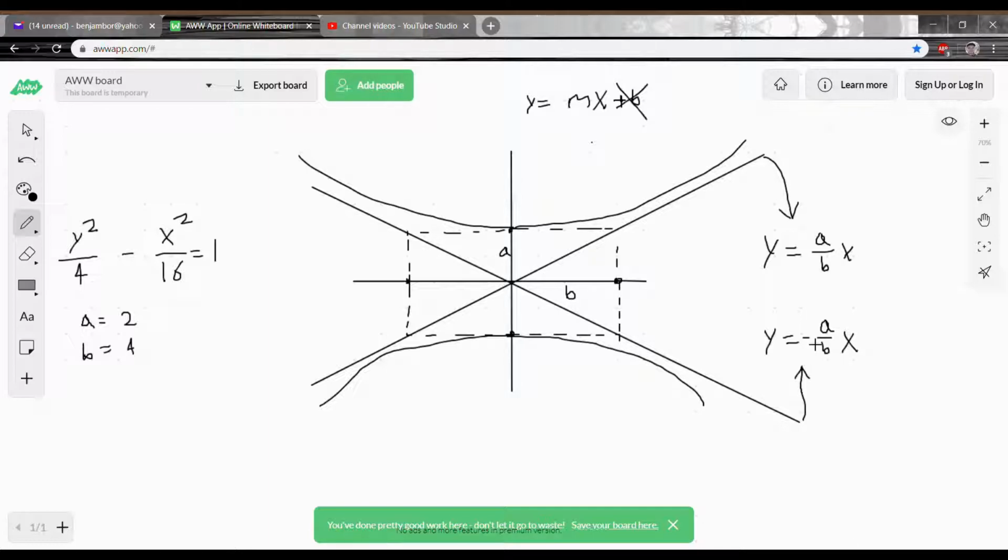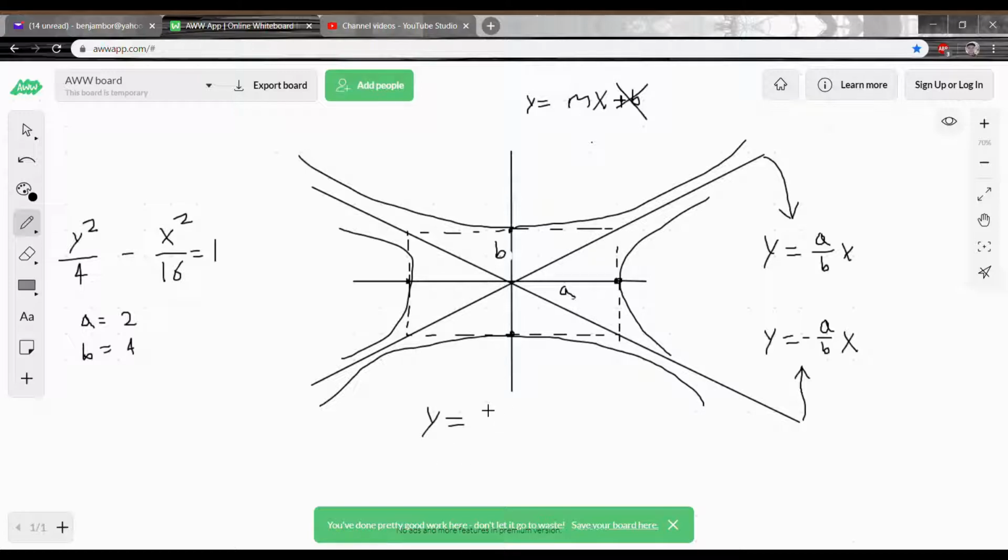Now, if this were a horizontal hyperbola, remember the b value is going to go here, and the a value goes down here. So if this hyperbola were horizontal like this, our equations for the asymptotes are going to change.